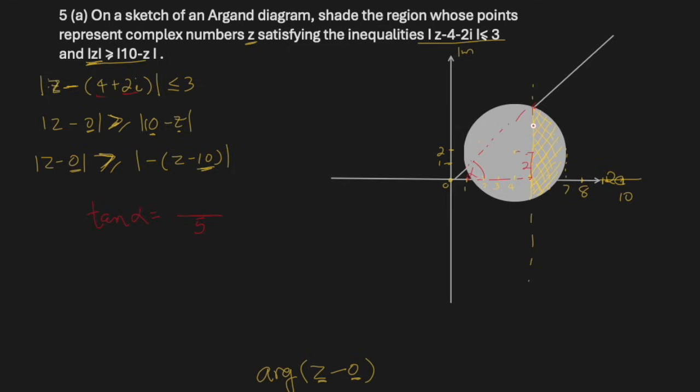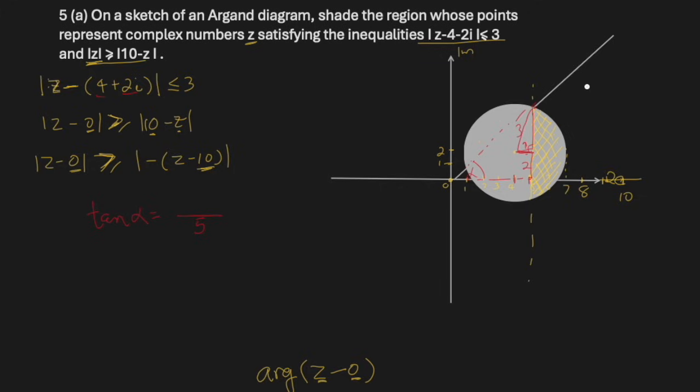Now we need to find this extra height, and that we can find with this right angle triangle. Let's use the Pythagorean theorem, because this is 90 degrees. We know this distance is 1, because from 4 to 5 we have distance 1 here. The radius of this circle is 3, so this is 3, right? And that's how we can find how much this distance is.